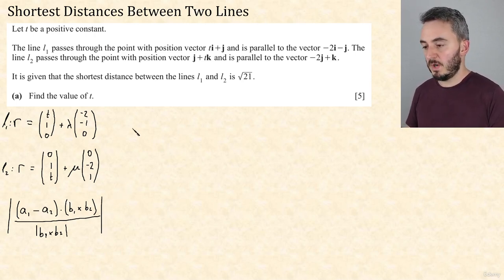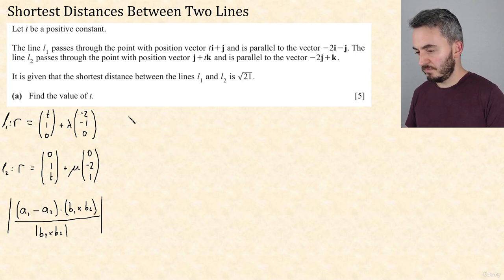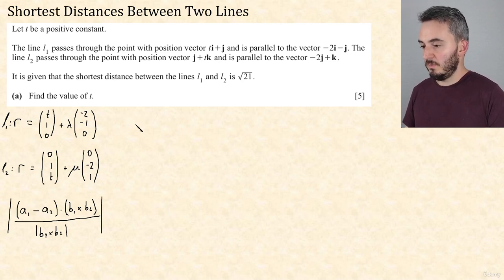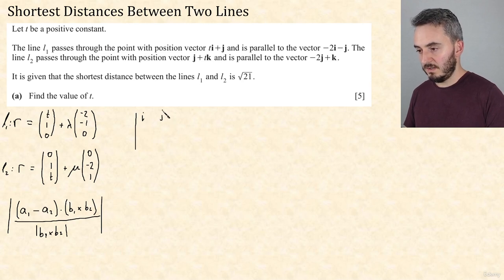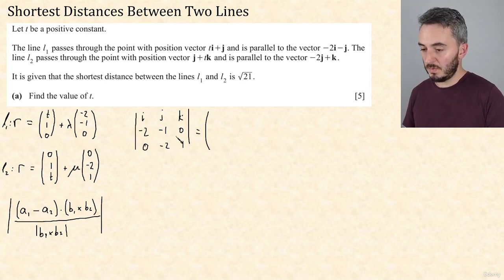Let's start with our B1 cross B2. So what's that going to be? Well, it's the determinant of this matrix, I, J, K, minus 2, minus 1, 0, and 0, minus 2, 1. So let's see what we get. It's I times minus 1, minus 0. Then it's J times minus 2, minus 0.